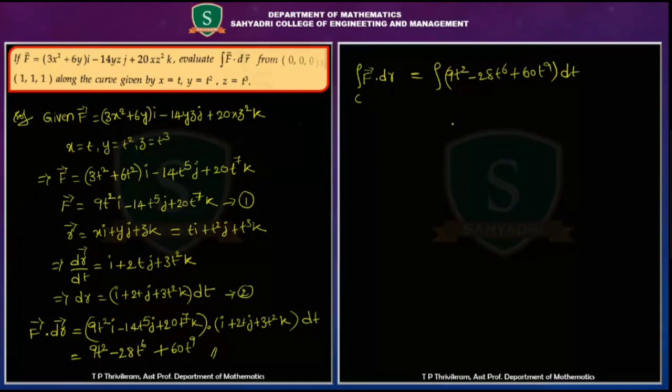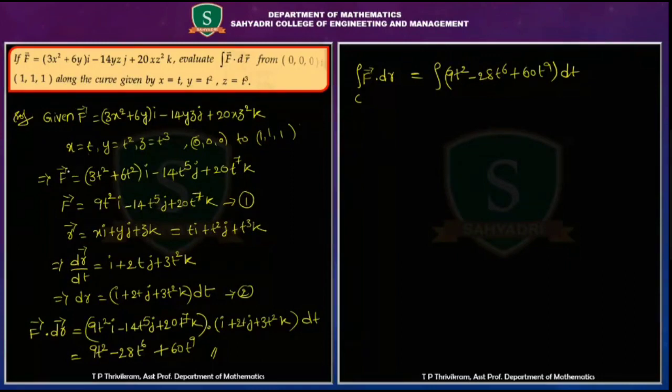But what are the limits? Limits for t, how will you find? Here they have given 0, 0, 0 to 1, 1, 1. That means x value varies from 0 to 1, y value varies from 0 to 1, z value varies from 0 to 1. Substitute all zeros for x, y, z. What happens? The t value also will get 0 every time.